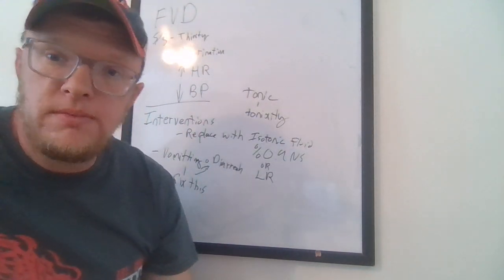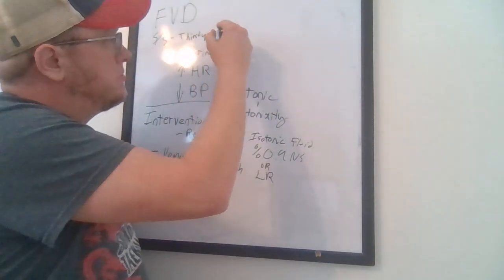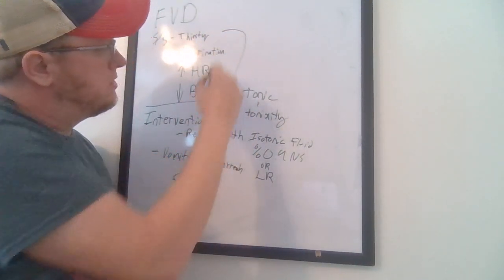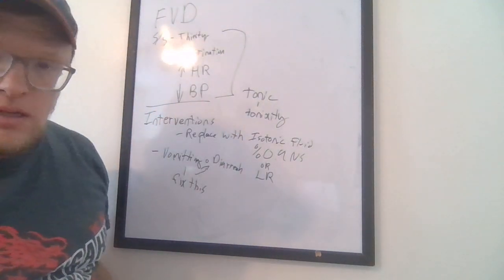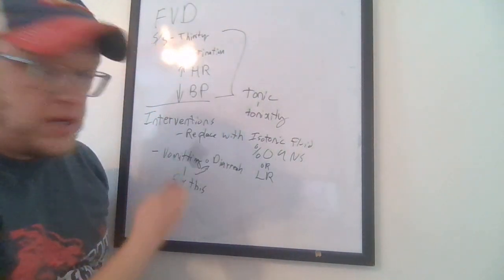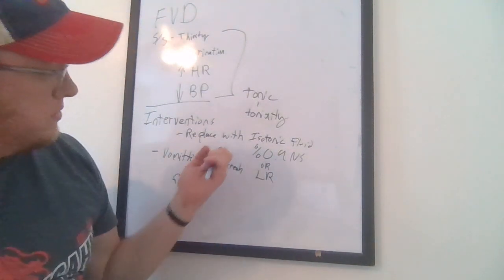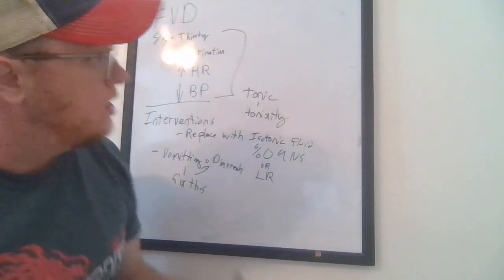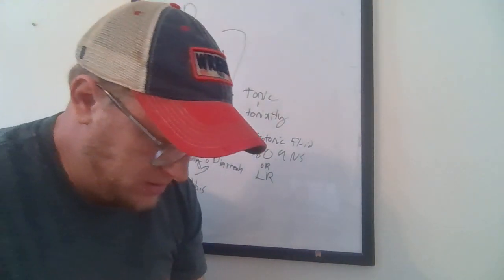Heart rate's up. Be on the lookout for this. This right here is the big one. Knowing the signs and symptoms of this, the intervention is pretty simple. You just basically give them fluid. You might fix whatever's causing it, but for the most part, you want to give them isotonic solution. You should be in pretty good shape with fluid volume deficit.